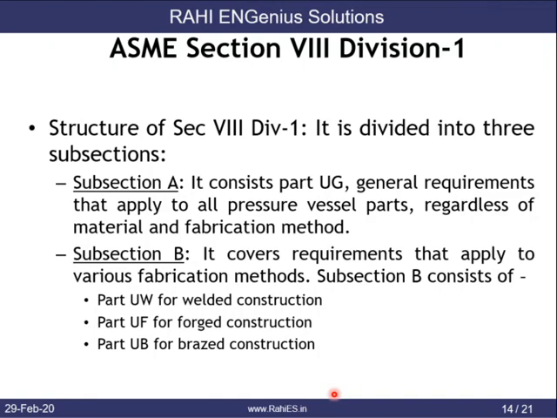So Subsection B consists of UW, welded construction, UF, forged construction. Now you see the clauses are identified in a logical way. U is the ASME Section 8 Division 1 designator. Then UG is the general requirements. Then UW is the requirements for pressure vessels made by welded construction. UF is for forged construction, and likewise.